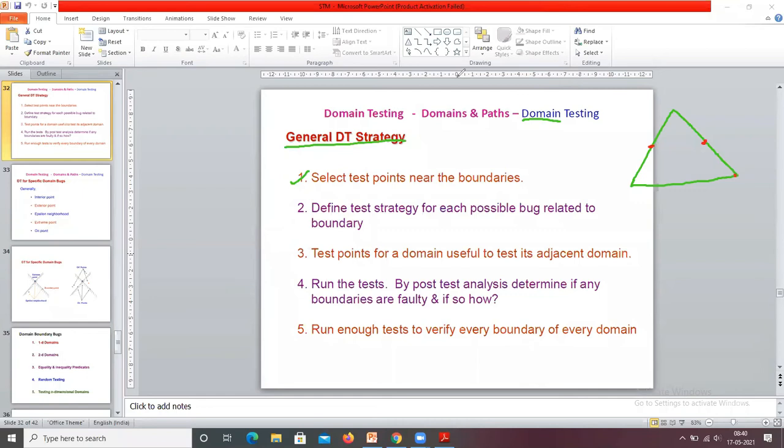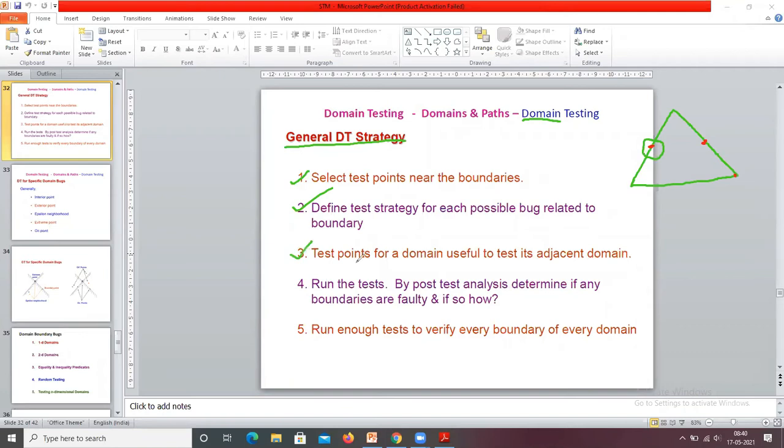And the second one is to define a test strategy for each possible bug related to the boundary. So these are the different bugs that are related to the boundary.